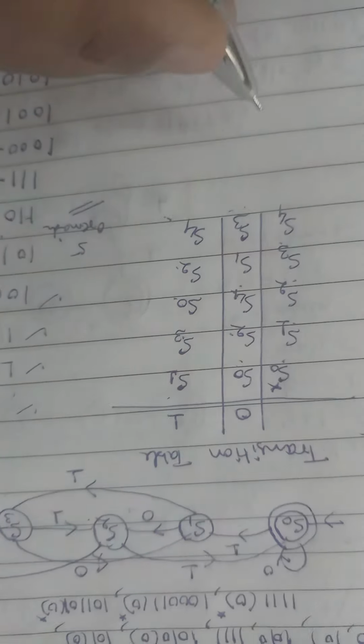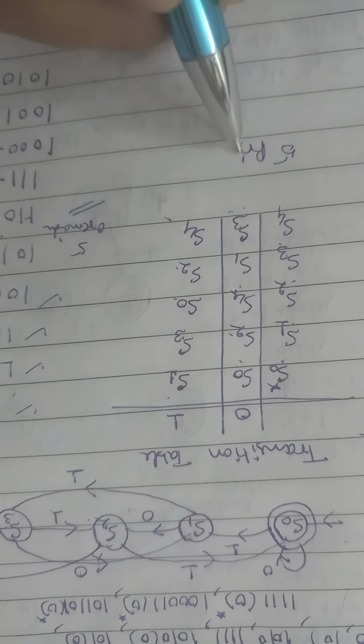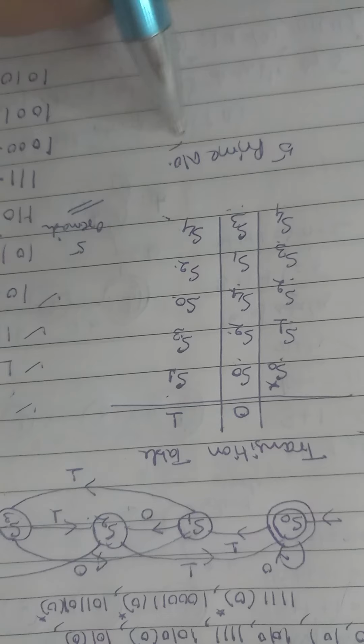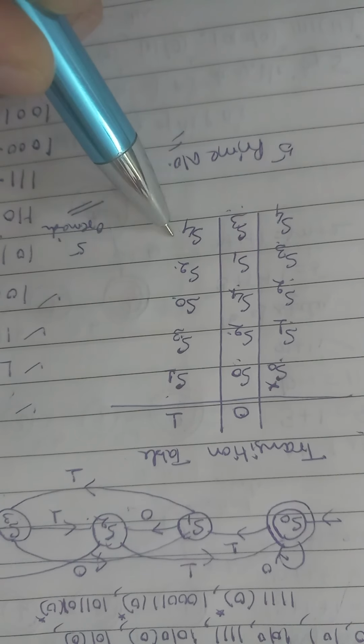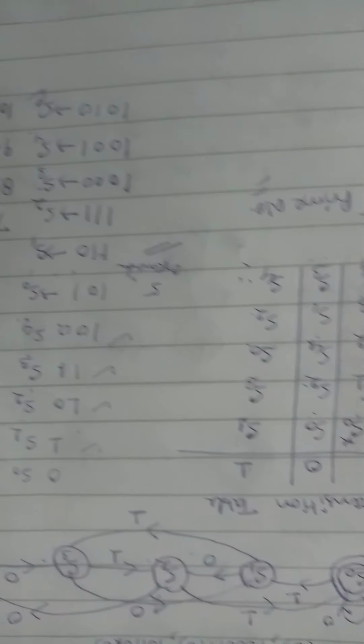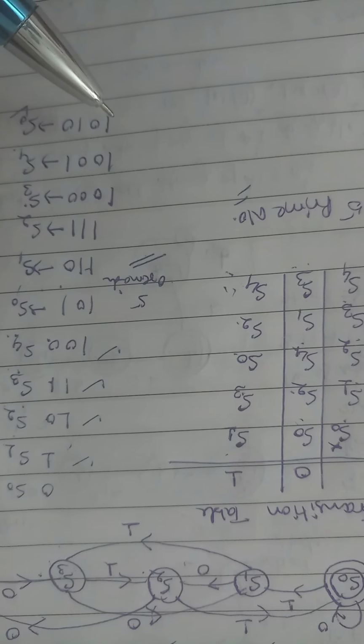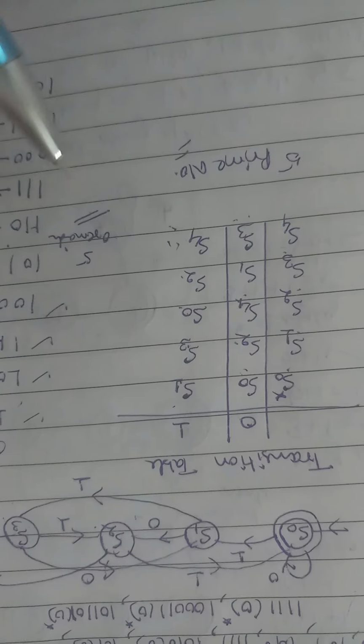And 5 is a prime number, so there is no duplication and no repetition in the table. So simply we can write like this, and we can see that we are going on the correct path. So in that way we can make a minimal DFA that accepts all binary numbers which are divisible by 5.